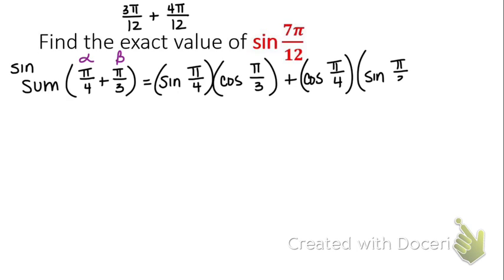So take a moment, go to your unit circle, fill in all 4, and see what you get. Figure out the sine of pi over 4, the cosine of pi over 3, the cosine of pi over 4, and the sine of pi over 3.